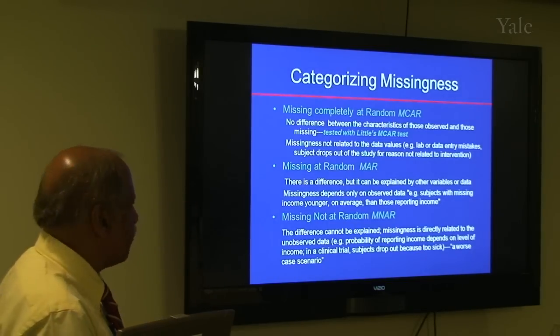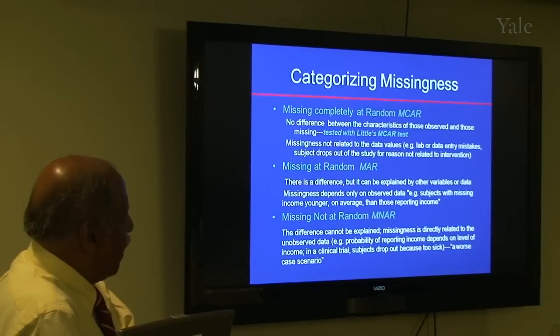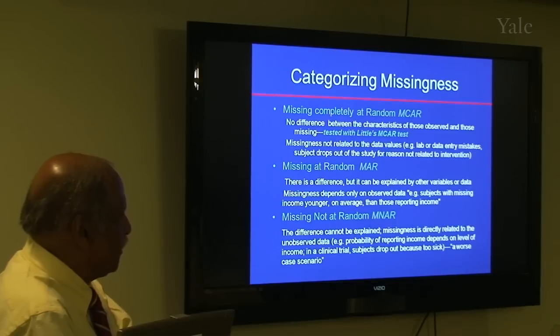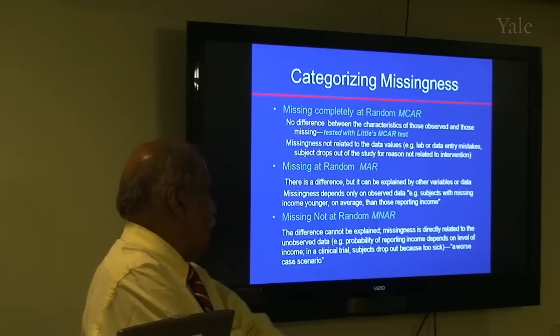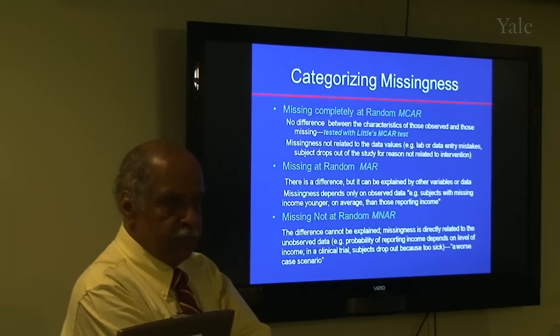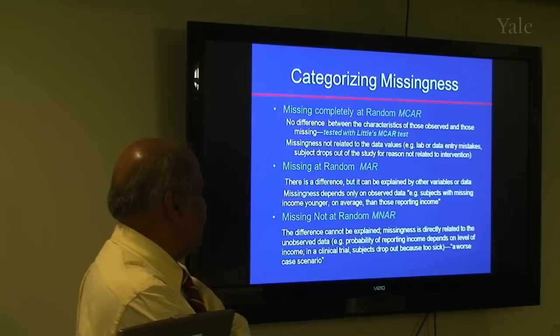Just Jamie? Okay. First is missing completely at random. That means that there's no difference between the characteristics of those observed and those missing. And this can be tested with something called Little's MCAR test, which I will go into in a little bit. Missingness is not related to the data values.